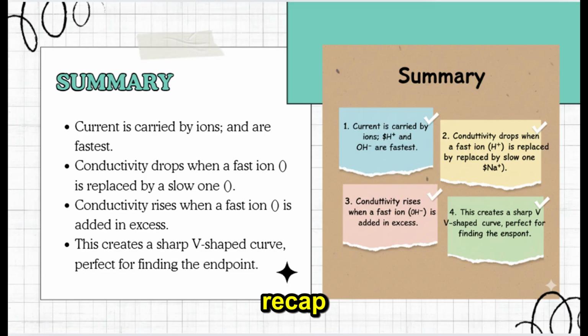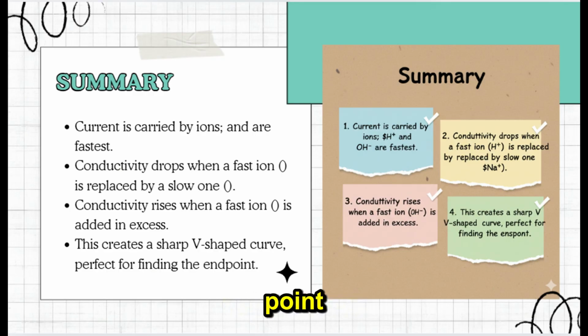So let's recap what we've learned. 1. Electrical current in solutions is carried by ions, and some ions, like H+ and OH-, are much, much better at it than others. 2. In a strong acid, strong base titration, we start by replacing a fast ion with a slow one, causing conductivity to drop. 3.